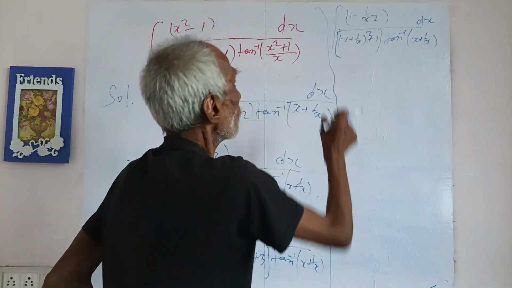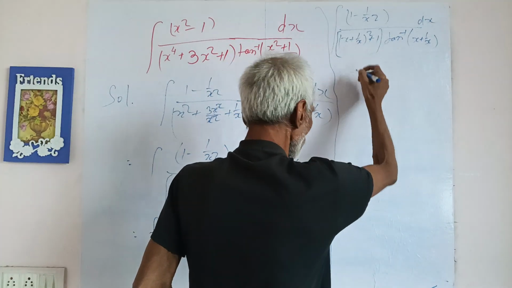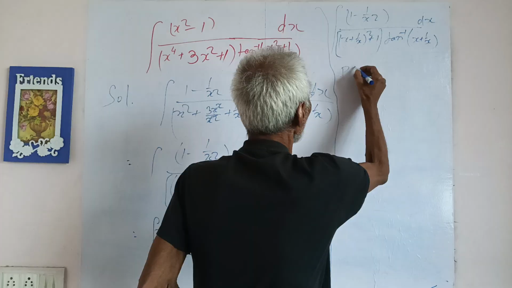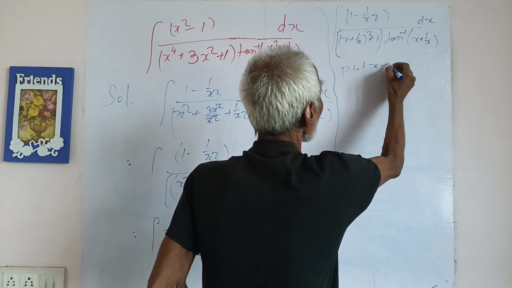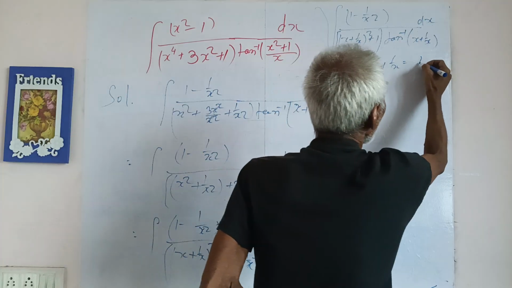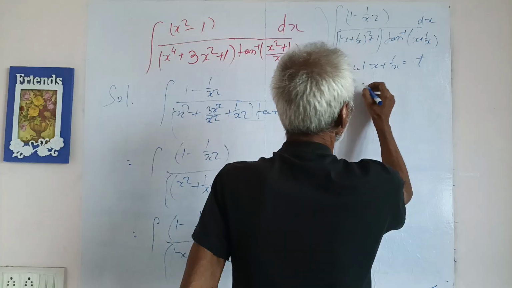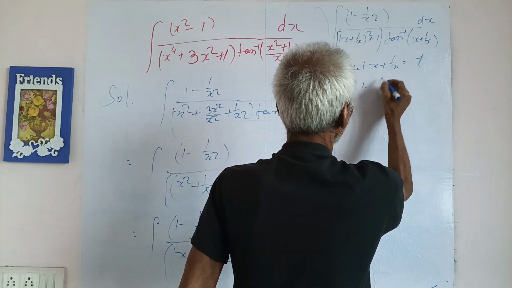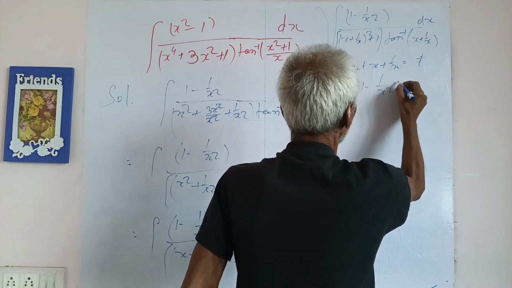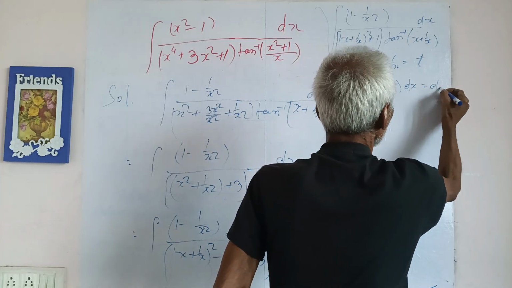Now put x plus 1 by x is equal to t. Then 1 minus 1 by x square dx is equal to dt.